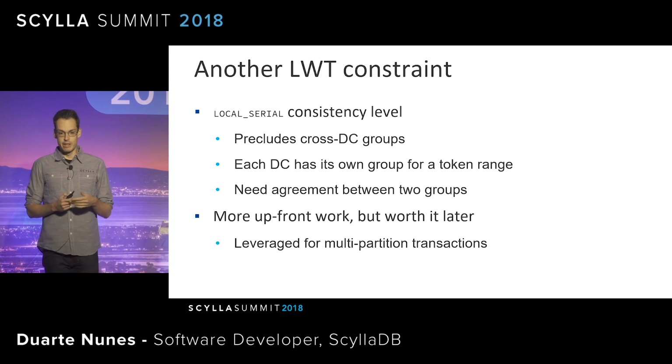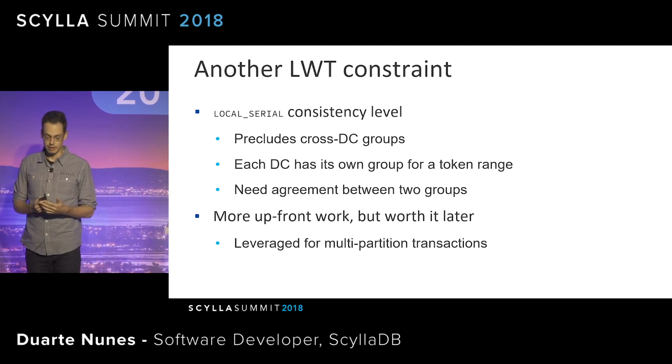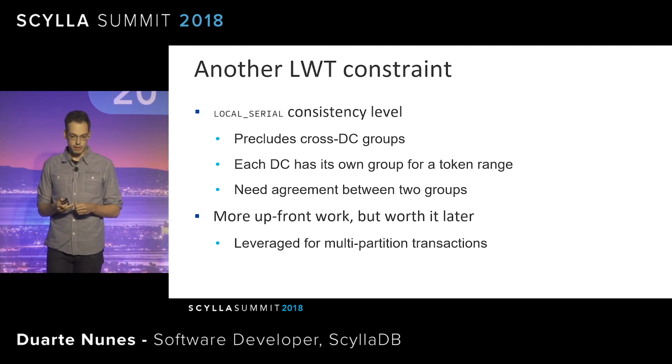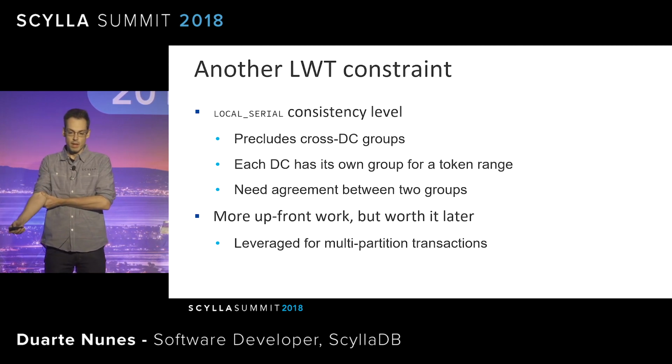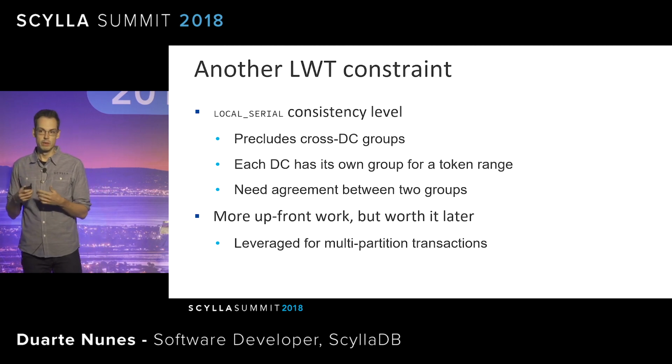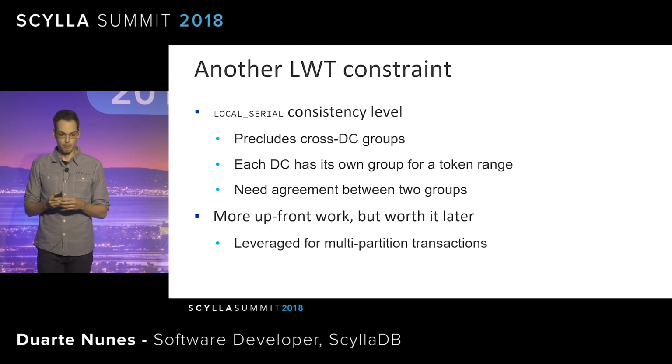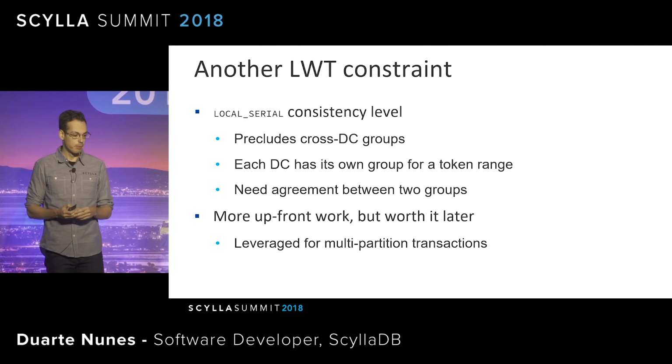Related to this is another important LWT constraint. So in LWT, you can specify a consistency level called local serial, which means that a lightweight transaction operation should apply only within a single data center. This is for performance reasons, so we don't incur wide area network traffic.